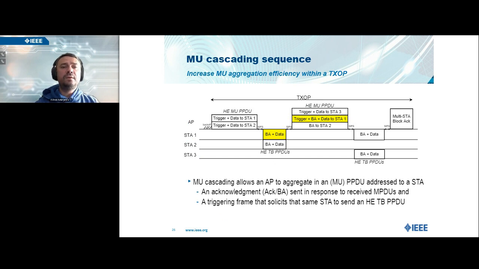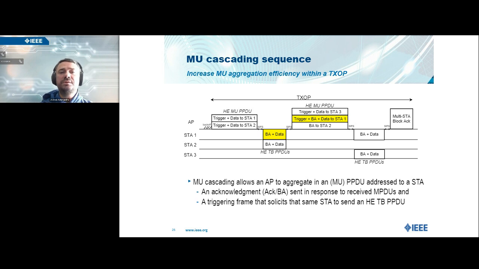Now, if you think of ways to combine uplink multi-user and downlink multi-user, with a certain added level of complexity, because the downlink multi-user with an acknowledgement can be a combination of downlink and uplink, we have a sequence which is called the MU cascading sequence.